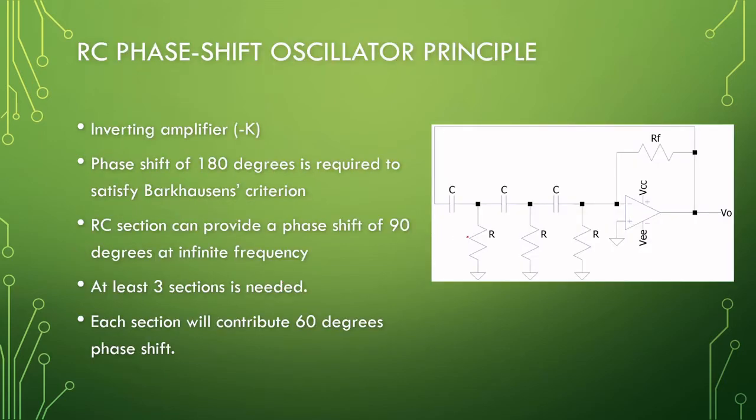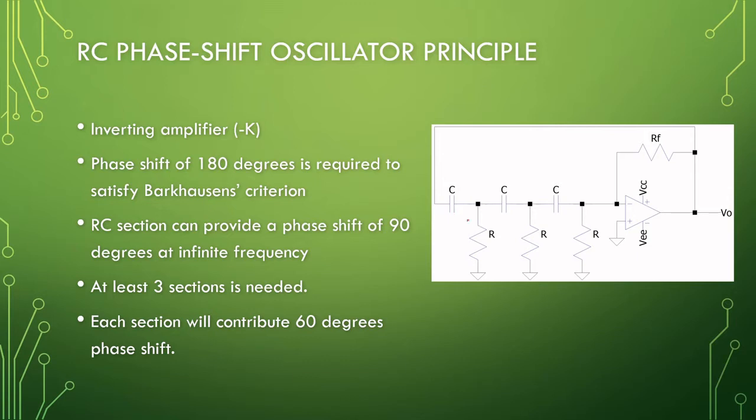Okay, so a phase shift oscillator is basically an inverting amplifier with some RC stages, right? And every RC stage can have a phase shift of up to 90 degrees, but for that you require an infinite frequency. So we'll start off at 0, and at infinite it will be a 90-degree shift.